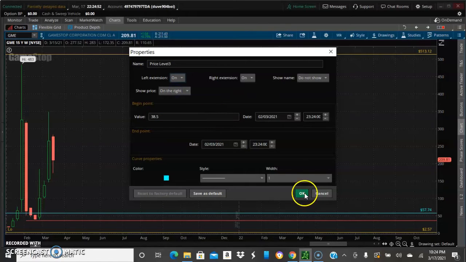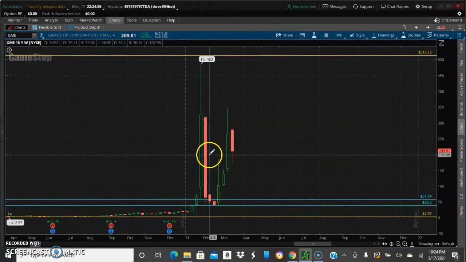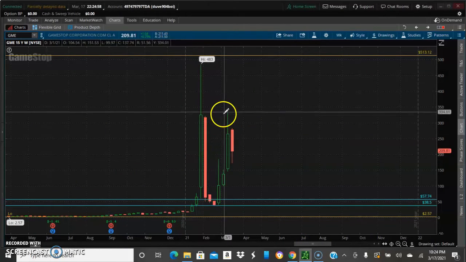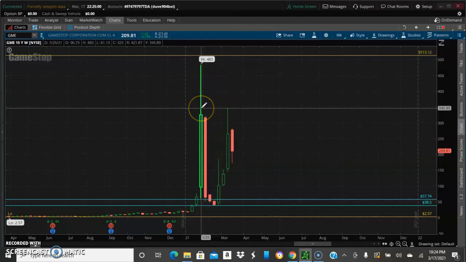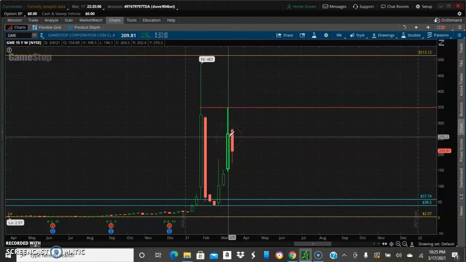Let's get right here. All right, we got some levels here. Definitely was a level between here, but we definitely got a level here. It's all off the weekly chart, guys. The high was 348.50.